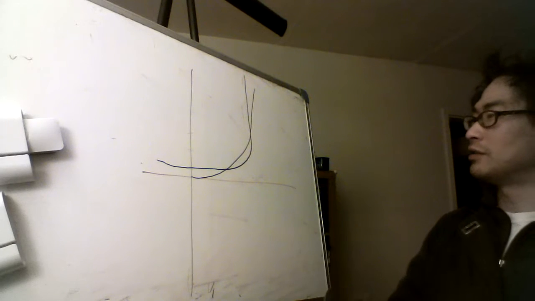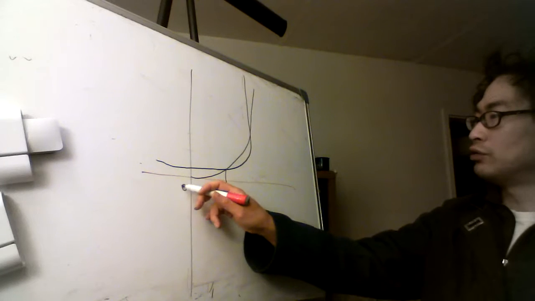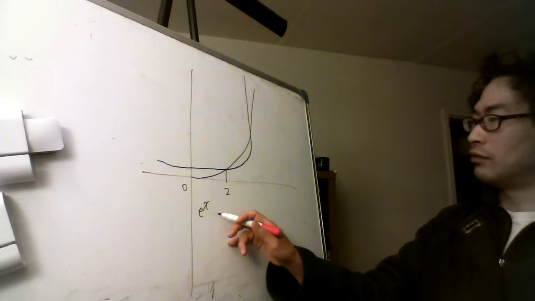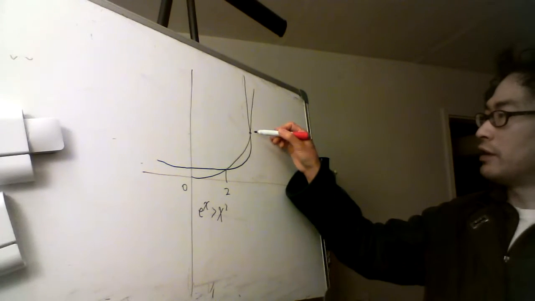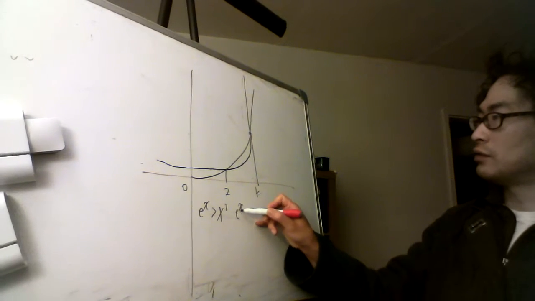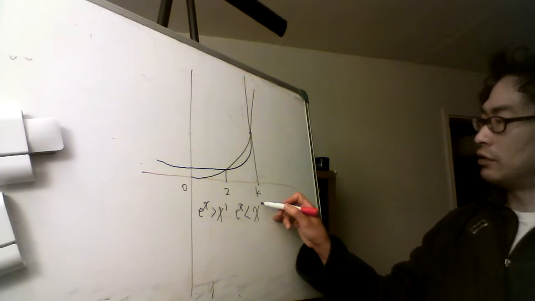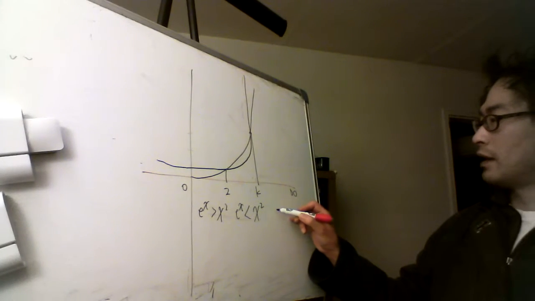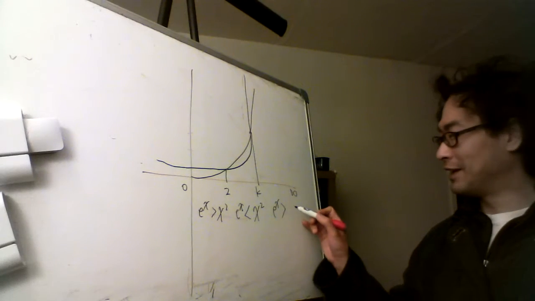I'm cheating a little bit. So between 0 and 2, e to the x was bigger than x squared. Between 2 and k, e to the x was smaller than x squared. But from k to infinity, e to the x regains the power.